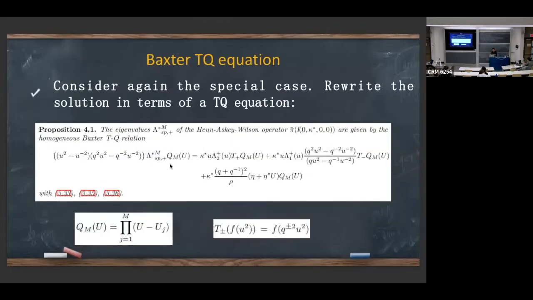We introduce this Baxter Q polynomial now in this variable big U, and we have the structure that I mentioned in the beginning. We have some polynomial on the left-hand side, the Baxter Q polynomial, and we have some functions that are Laurent functions of this U.